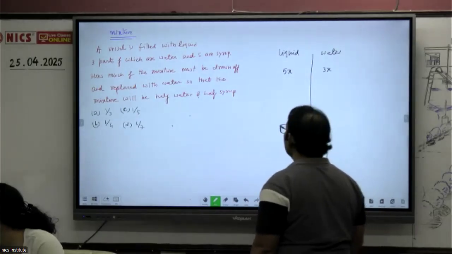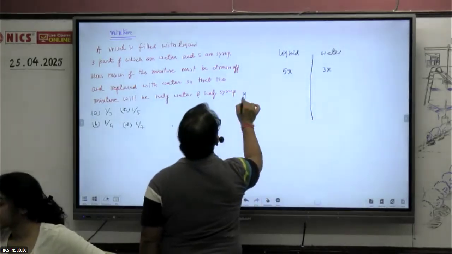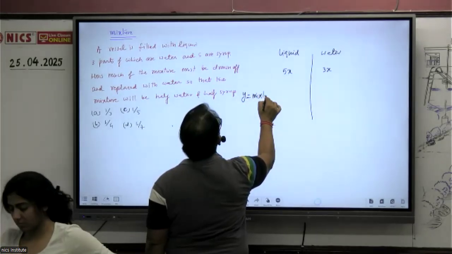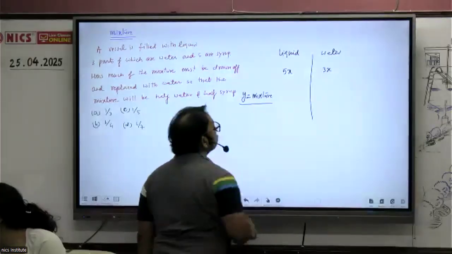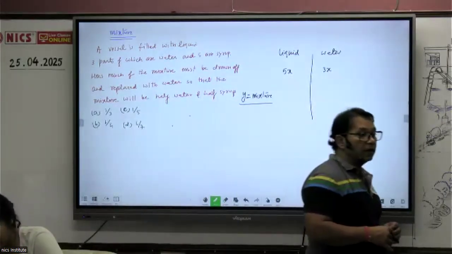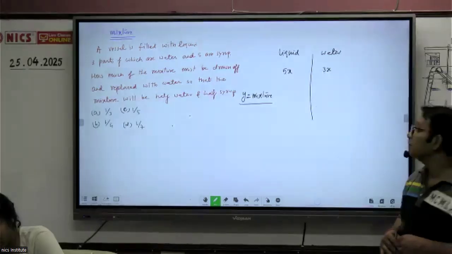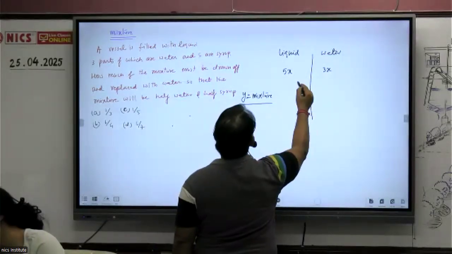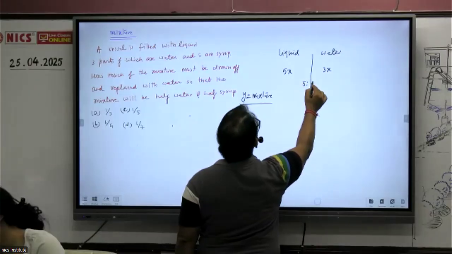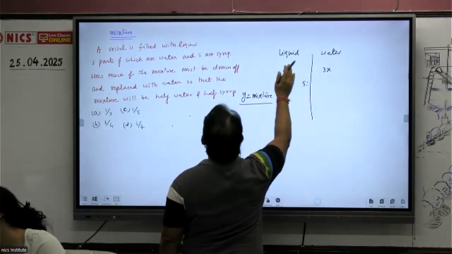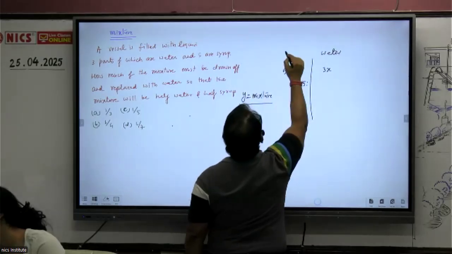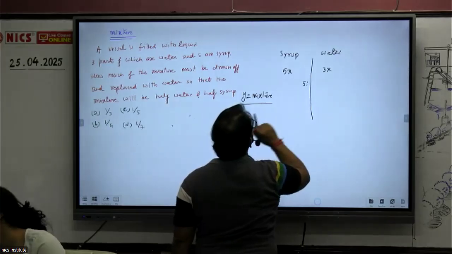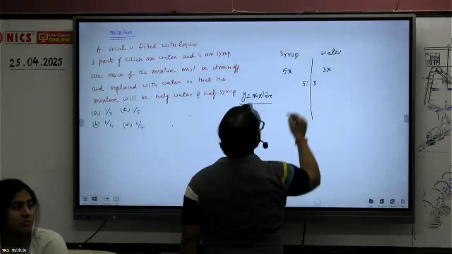So in y amount of mixture, what will be the volume of the syrup? Syrup and water are in the ratio 5:3.